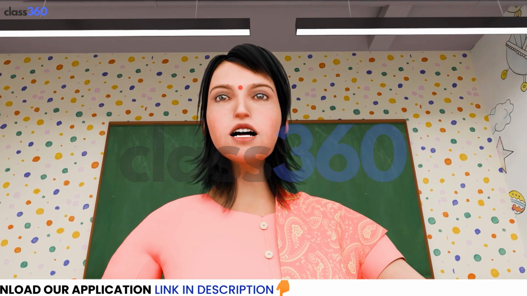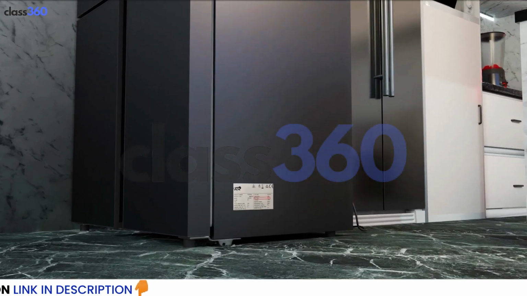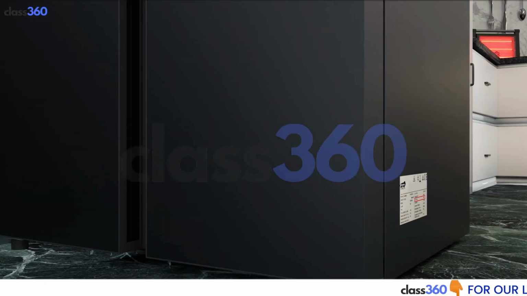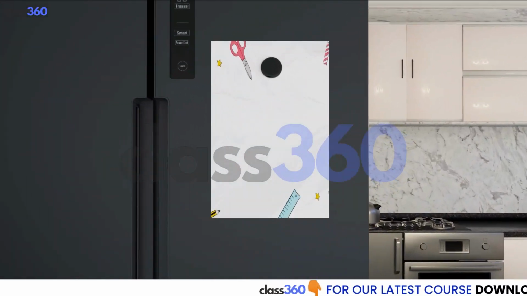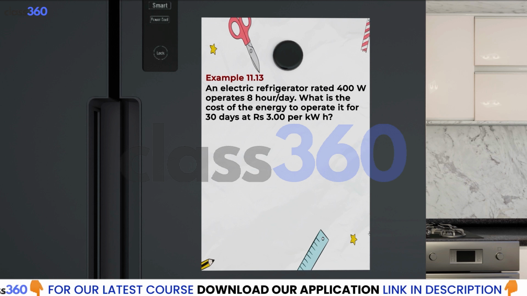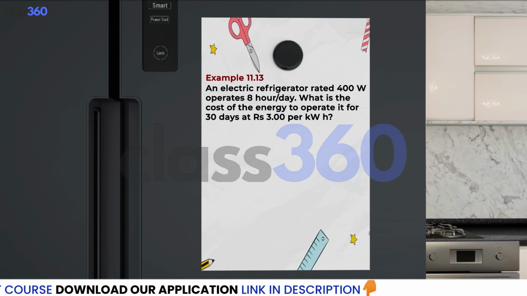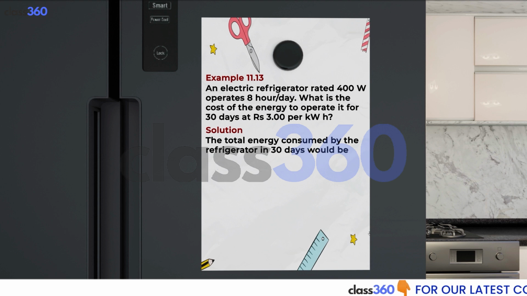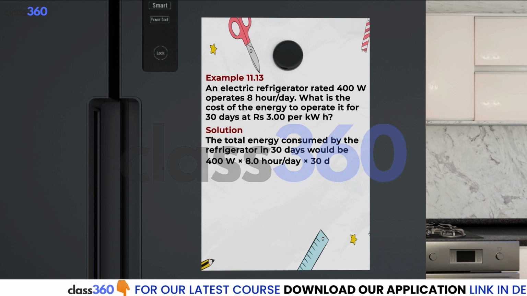Next example is an electric refrigerator rated 400 watt operates 8 hours per day. What is the cost of the energy to operate it for 30 days at rupees 3 per kilowatt hour? The total energy consumed by the refrigerator in 30 days would be 400 watt into 8 hour per day into 30 days.